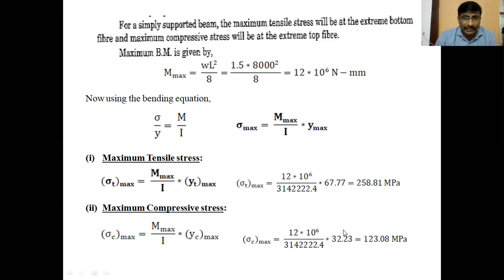In place of yt maximum, the yc maximum value should be substituted. If we substitute yc maximum, we get sigma C maximum, the maximum compressive stress in the uppermost layer, 32.23. Upon substitution, we get 123.08 megapascals as the stress induced in the extreme top layer, and 258.81 megapascals of stress induced in the extreme bottom layer.